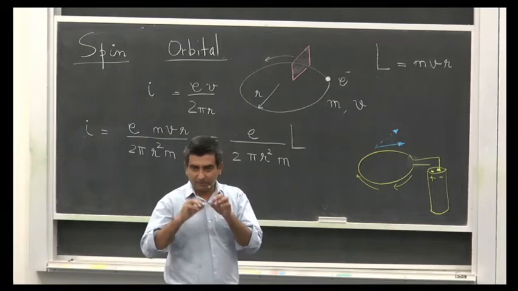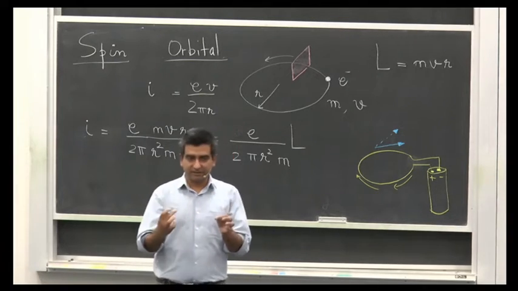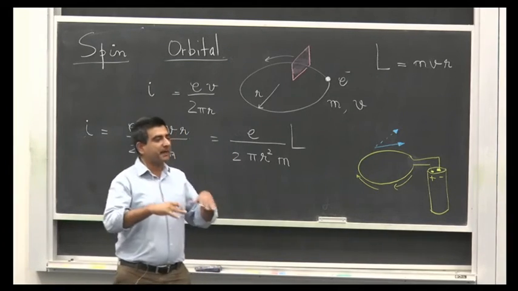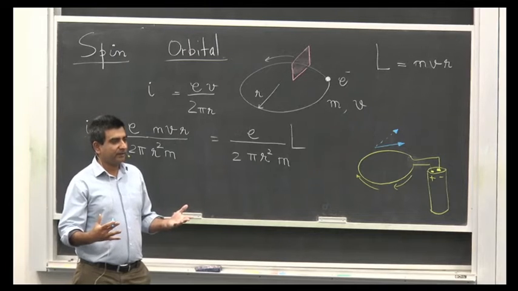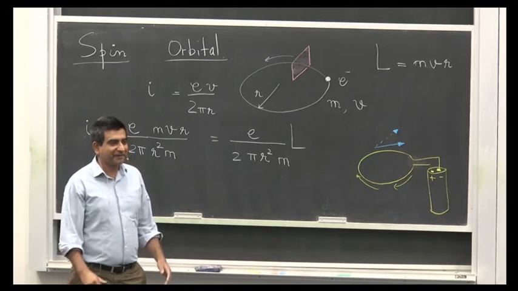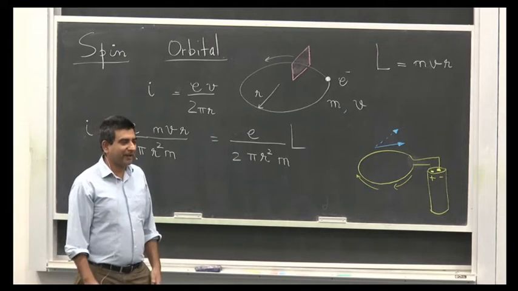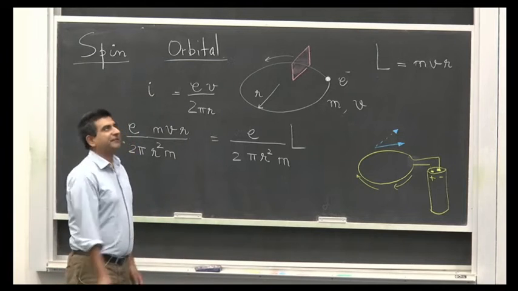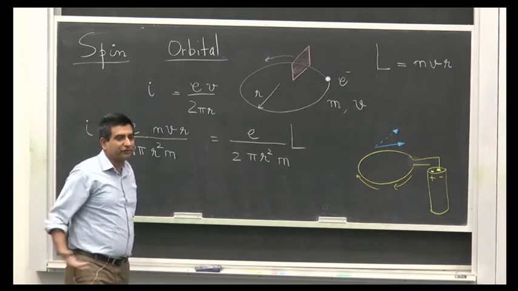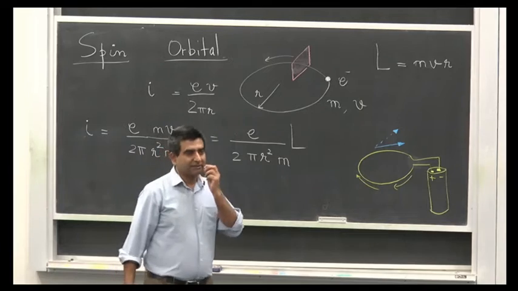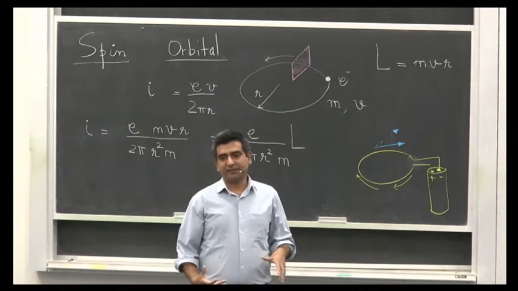Right? A moving charge, which is a current, produces a magnetic field. What's a magnetic field? If I throw this chalk, it is going to fall down because of a gravitational field.